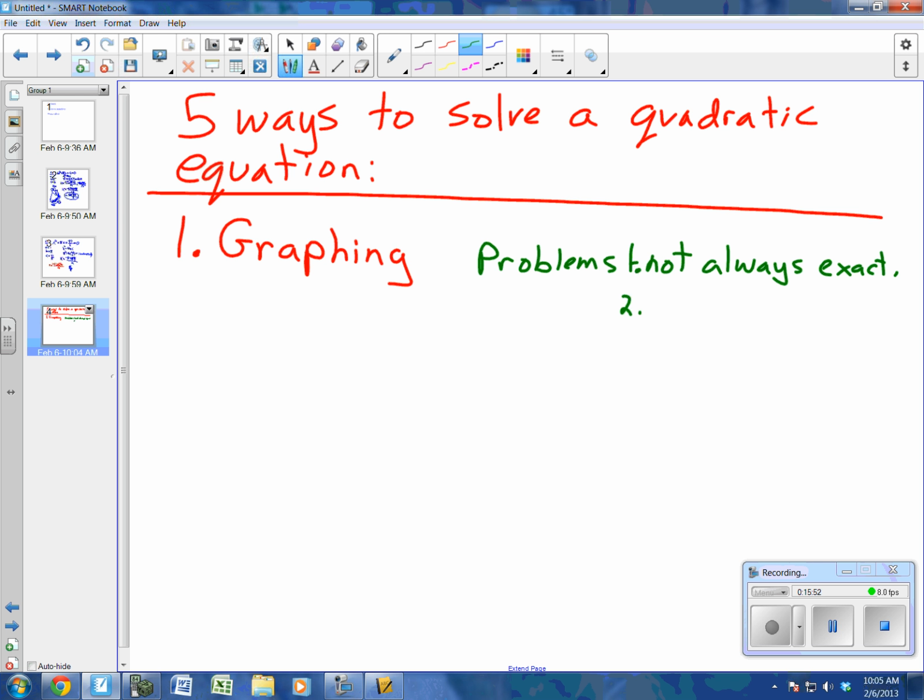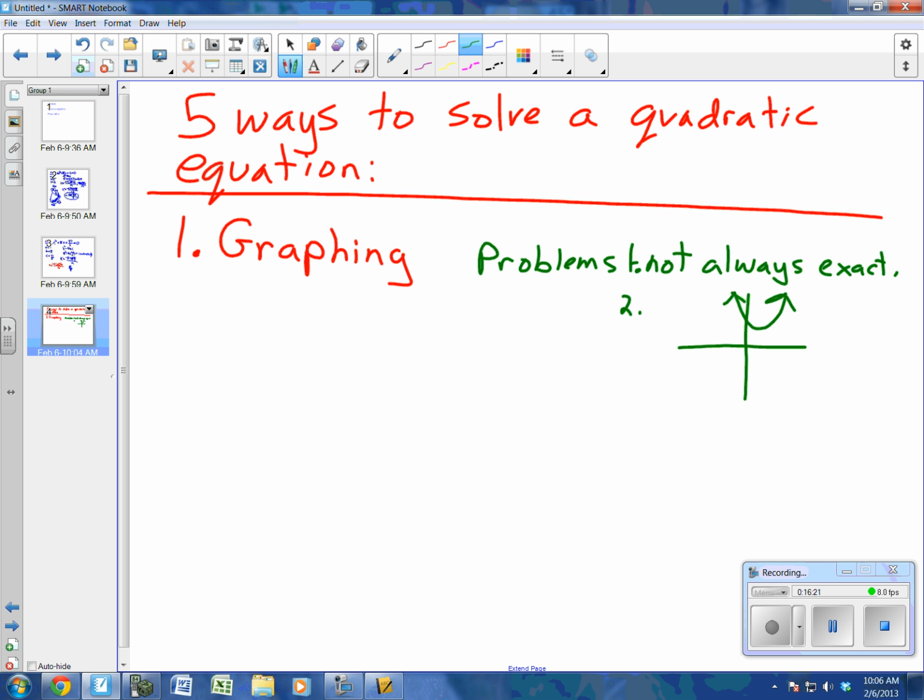What's another problem? Okay, the other problem is this right here. I'll draw a picture of it. What's the problem with that, you guys? It doesn't cross the x-axis because what kind of solutions does it have? It has imaginary solutions. Okay. Let me just review it one more time.